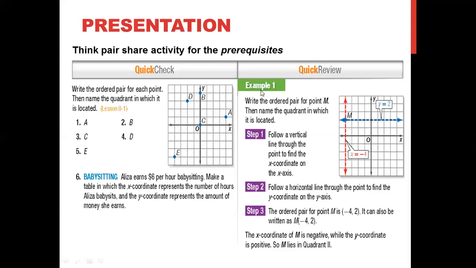Using the guide of example number 1, they can solve exercises 1, 2, 3, 4, 5. They can determine the location of the points A, B, C, D, and E on the graph, and also the quadrant of each point.